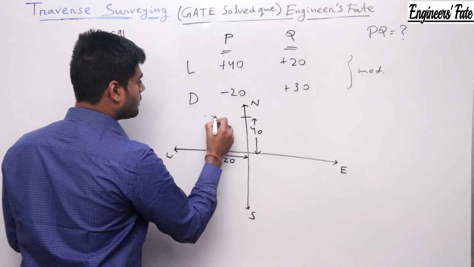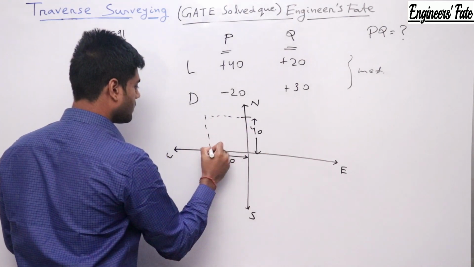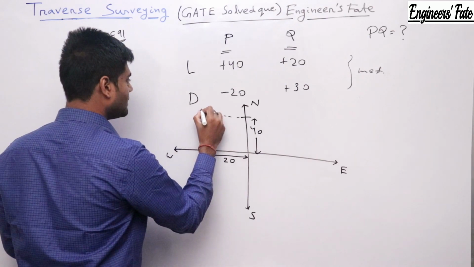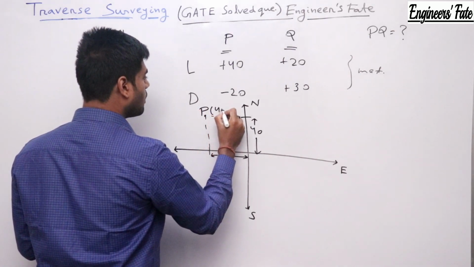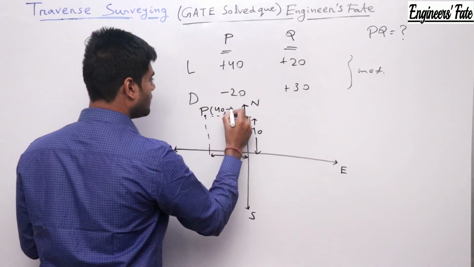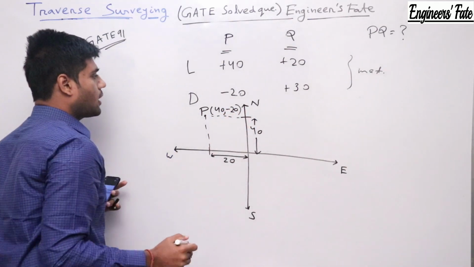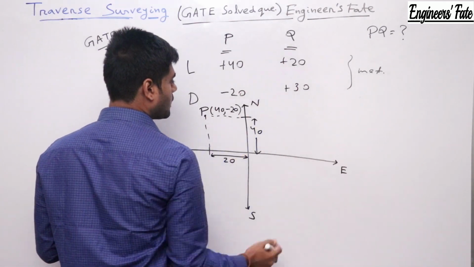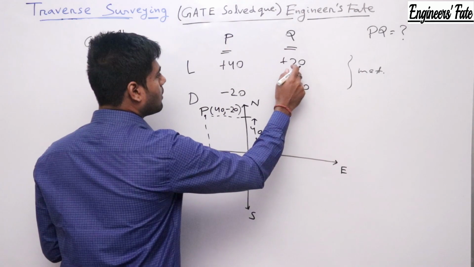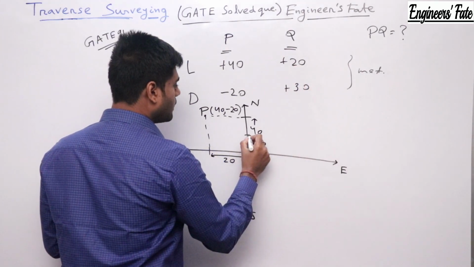So how to locate the point P? This is the point P, and for the coordinates of the point P, latitude comes first, then comes departure. Now you have to locate the point Q. For the point Q, what is the latitude? Latitude is 20.